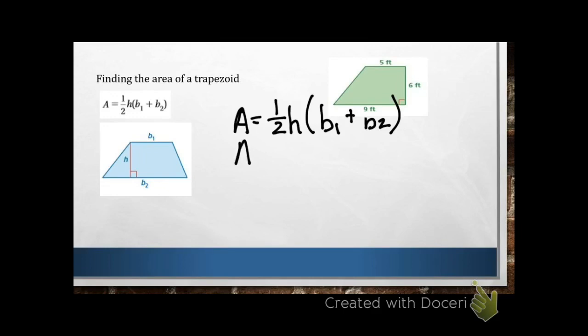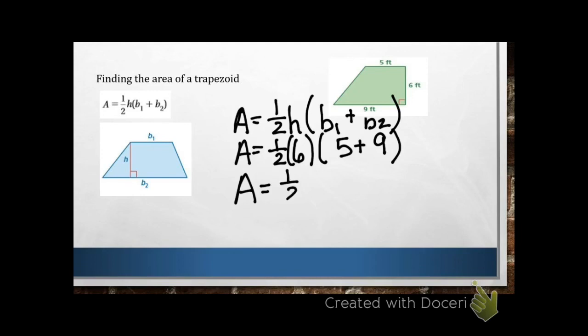All right, did everyone get A equals 1/2 of 6? I knew that was the height because there's my right angle. 1/2 of 6 times 5 plus 9. All right, what do I need to do first? I need to take care of my parentheses. So I'm going to keep my 1/2 times 6, and I'm going to add my 5 plus 9. That is 14.